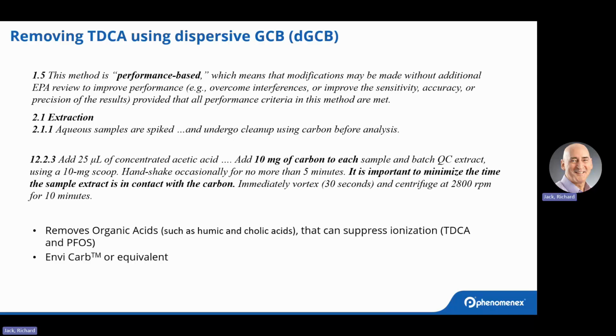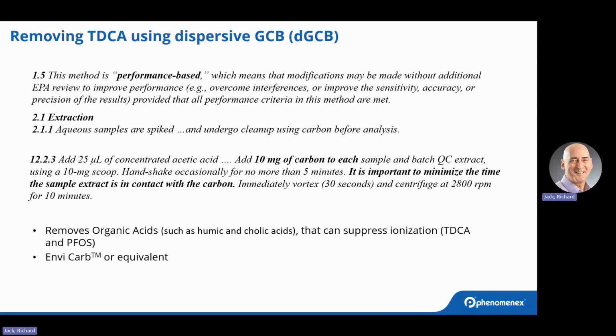Specifically for the dispersive GCB, the method talks about adding 10 milligrams of carbon to each sample, as well as each batch of QC extracts, using a 10 millimeter scoop. Then you shake the sample a little bit to mix the carbon in the sample. But they also mention something, and the bolding is something I added here to the presentation. They say it's important to minimize the time the sample extract is in contact with the carbon.